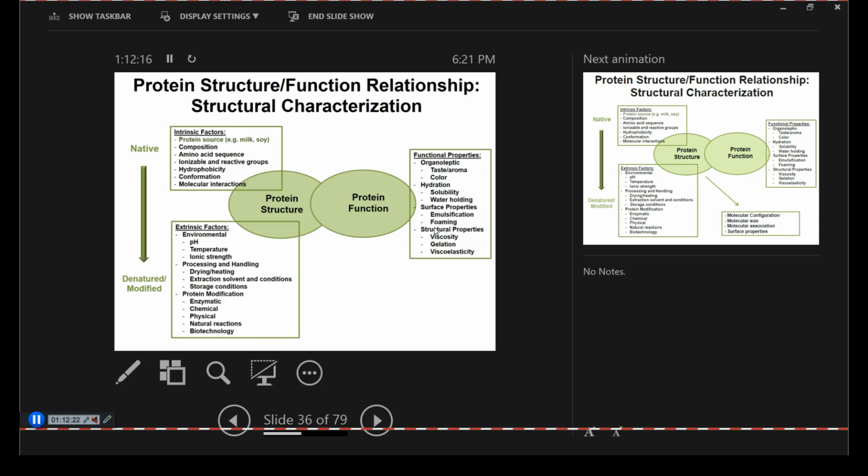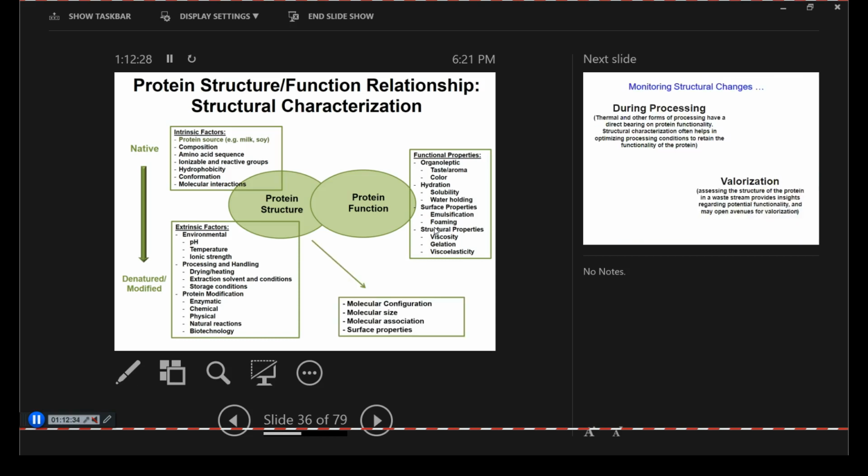What impacts protein structure, we talked about it earlier: the composition, the sequence, ionizable groups, hydrophobicity, conformation, molecular interactions. All of these impact the molecular configuration, the tertiary and secondary structure, and the formation of associates or molecular association, forming quaternary structure.